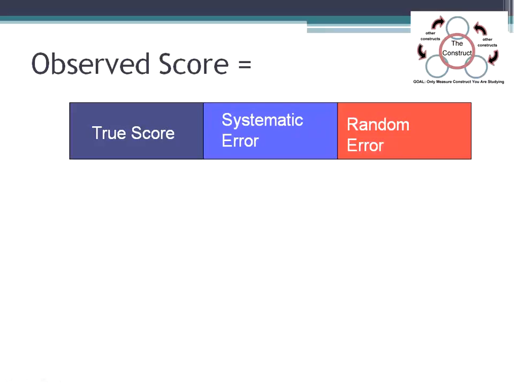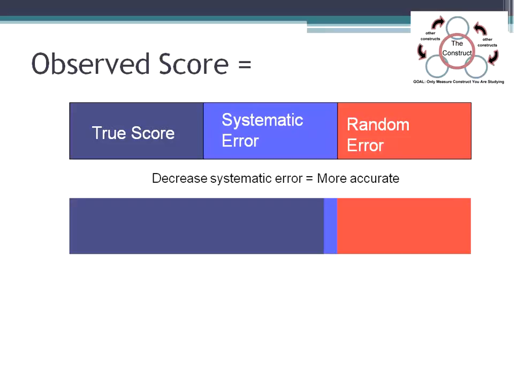Now, with random error, we can sort of redistribute the random error throughout our conditions. For example, if we're doing an experiment using random assignment. When we decrease systematic error, so if we can have a tightly controlled experiment and we make sure that our conditions are as equal as possible, right, decreasing systematic error is going to make our measurement more accurate.